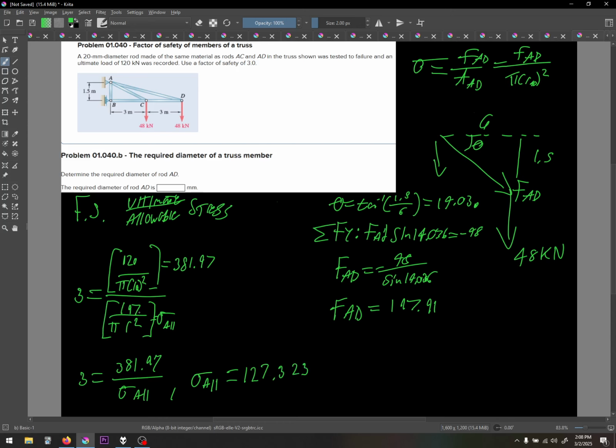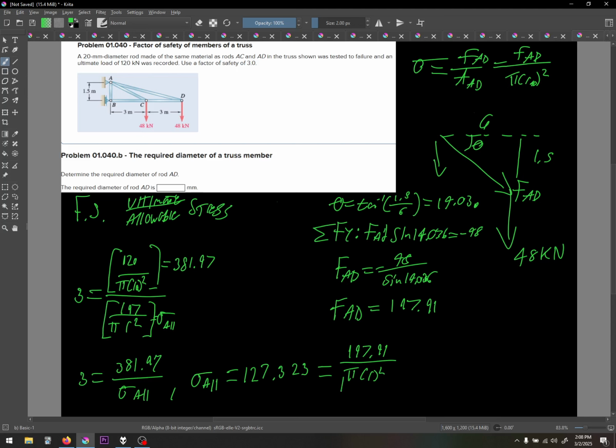So now we can plug this in here. Because this is equal to this, this is going to be equal to 197.91 divided by pi times r squared.